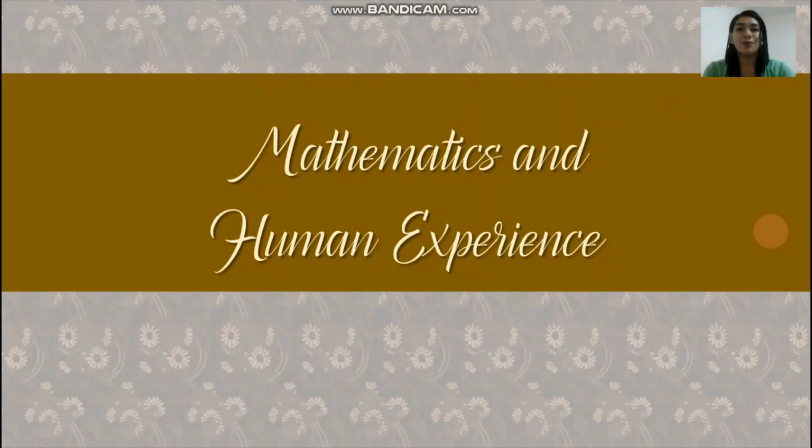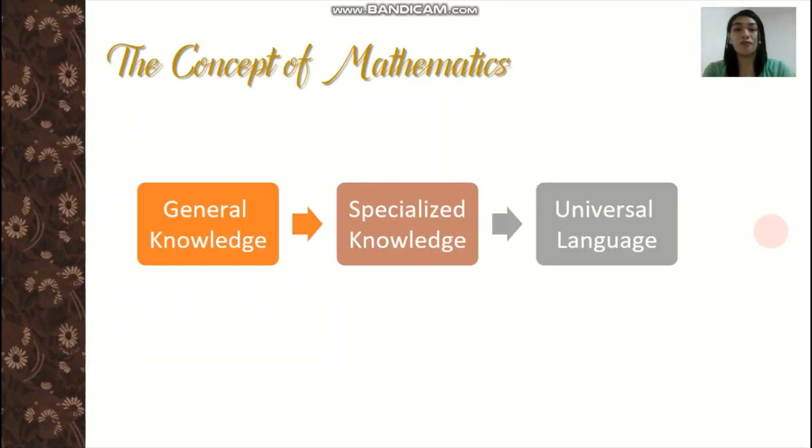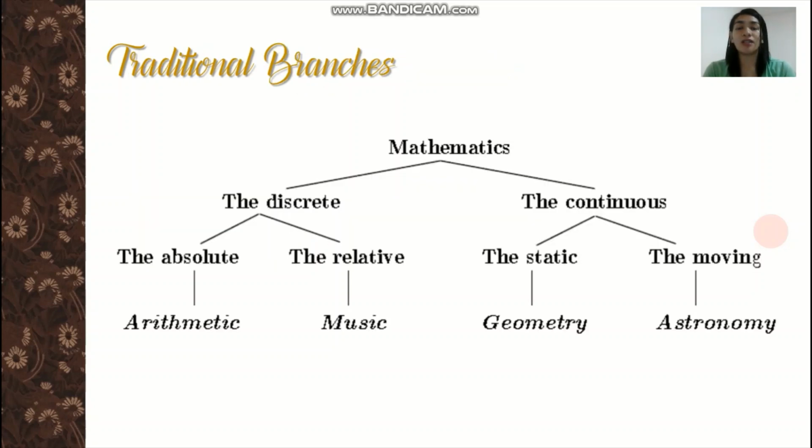Okay, let's recap the concepts you should remember in mathematics and human experience. Again, the concept of mathematics evolved from general knowledge to specialized knowledge and to becoming a universal language. The traditional branches are arithmetic, music, geometry, and astronomy.